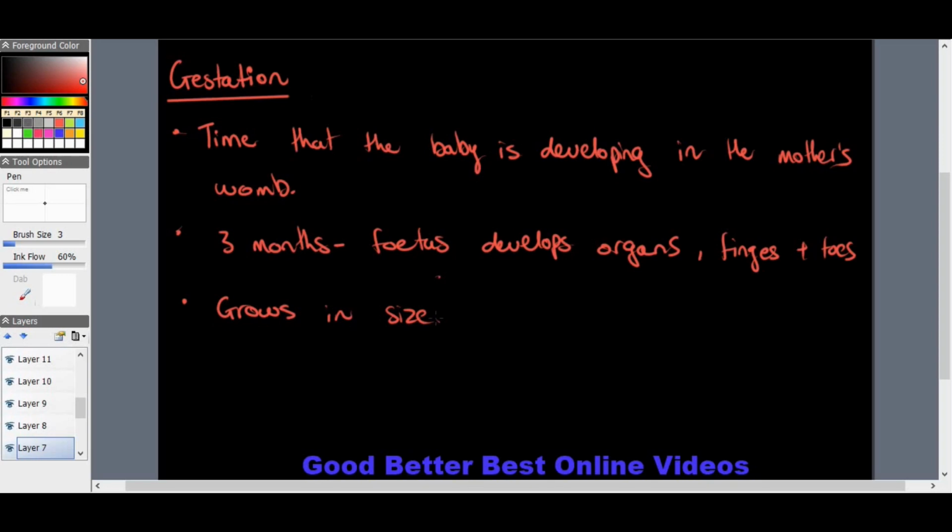Okay, how long is the gestation period for humans? About 40 weeks. That's usually about 9 months, and some months have 5 weeks, so it works out perfectly.